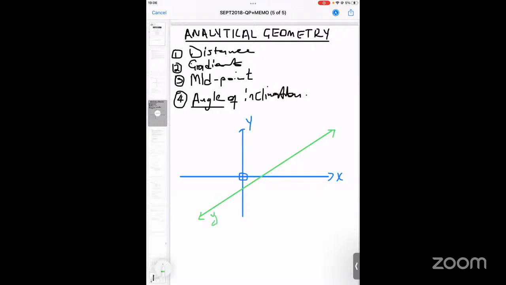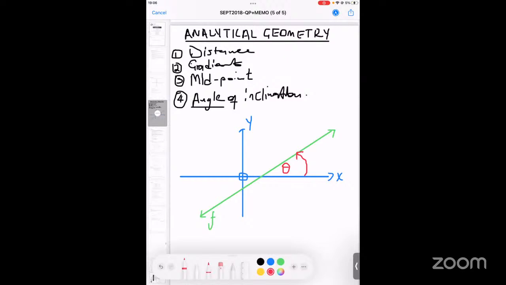Let's say the function f, f of x, or the graph of f being a straight line. When we talk about an angle of inclination, it is always an angle that starts from the x-axis going in the anti-clockwise direction. This is the angle of inclination.